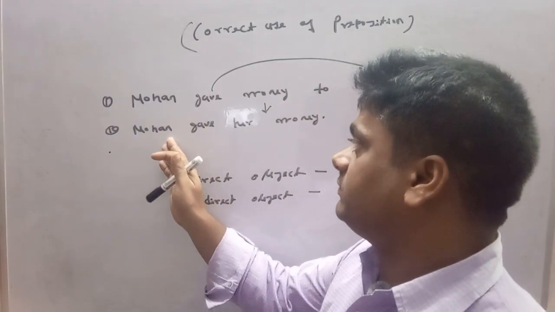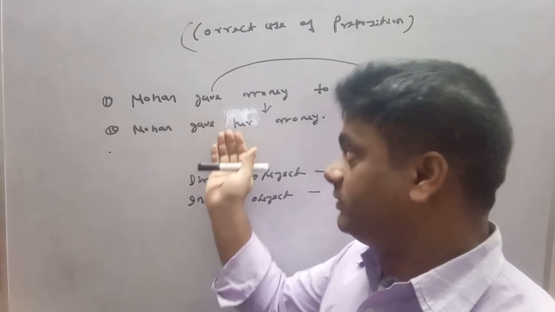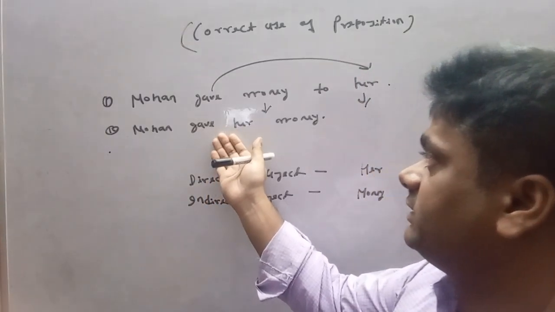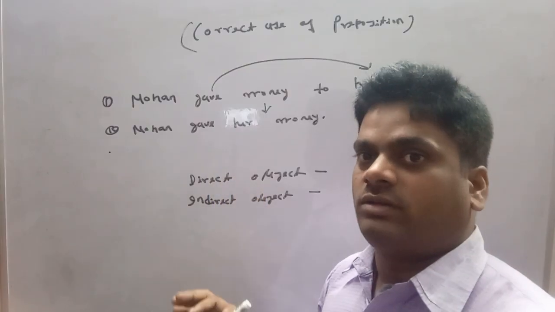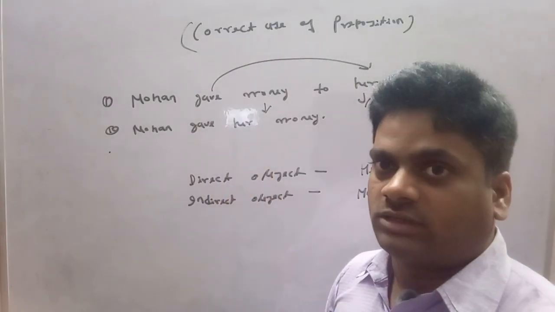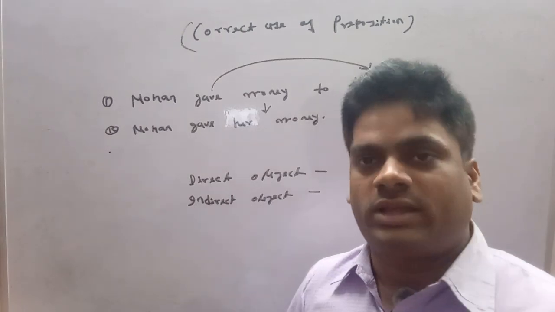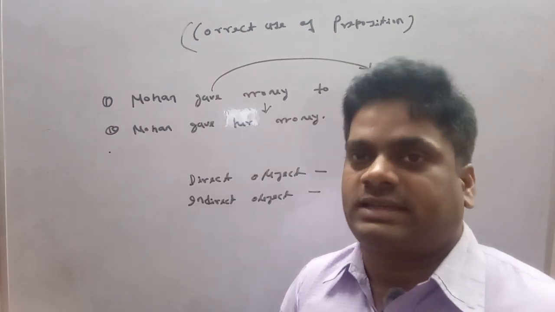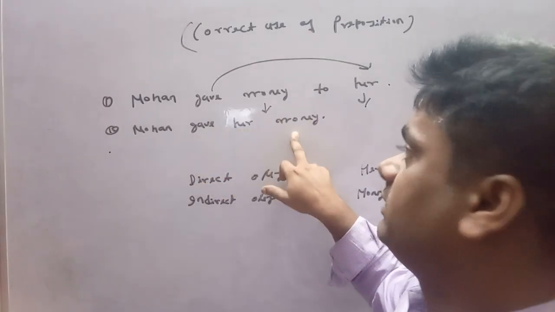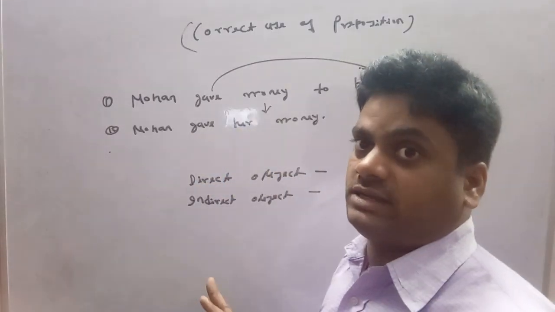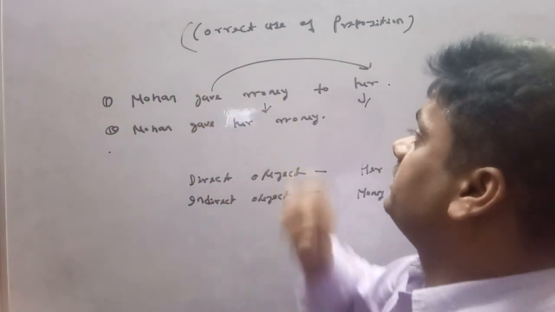In the second sentence we have given the verb its primary object, and here the verb has found its primary object. So, it would not require any type of preposition just in order to associate it with the secondary object. Mohan gave her money. But in the first sentence, Mohan gave money.